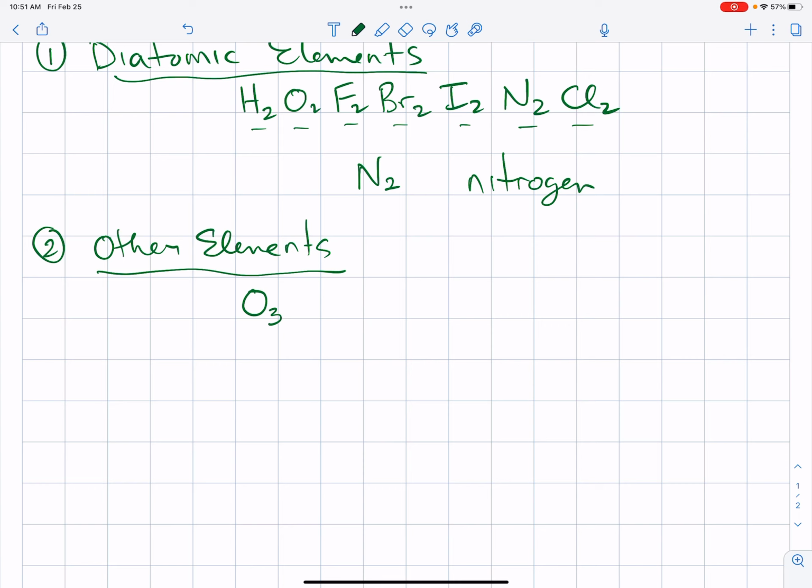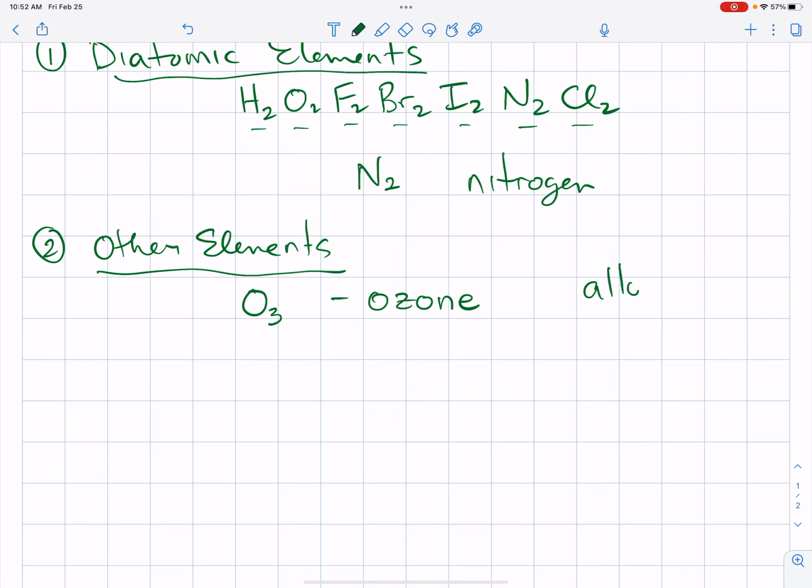When it's in the form of O3, though, we don't call it oxygen anymore. We call it now ozone. You may have heard of the ozone layer, which is high up in the stratosphere in our atmosphere and protects us from ultraviolet light.